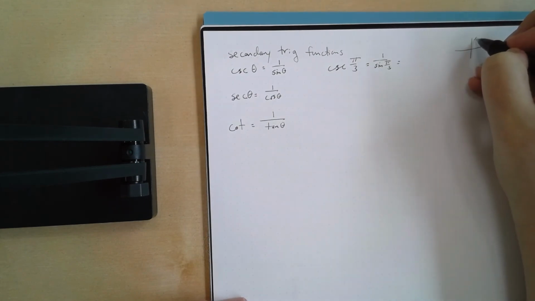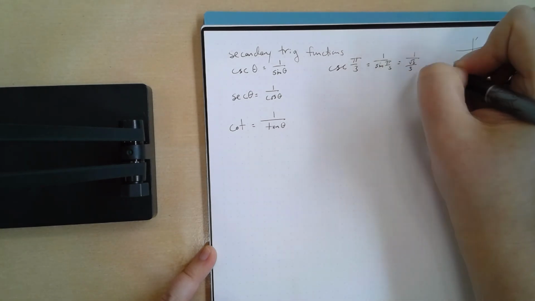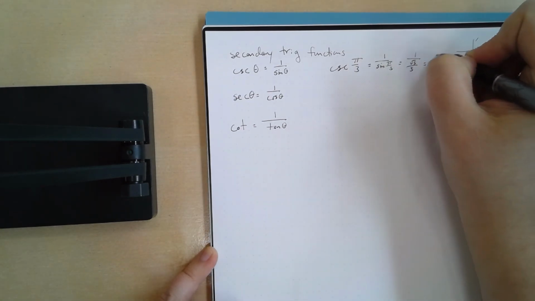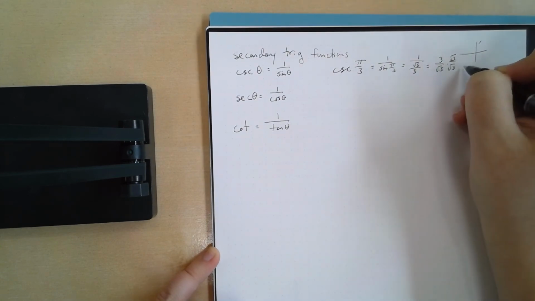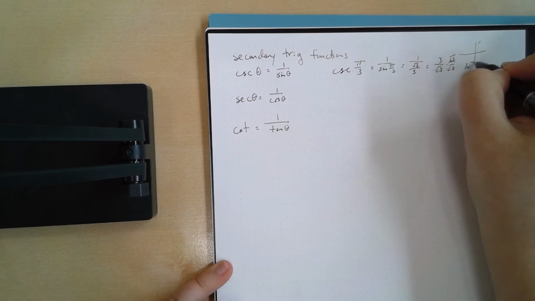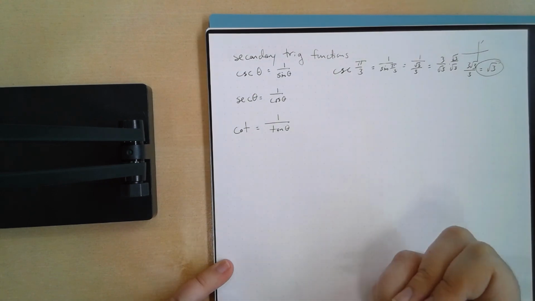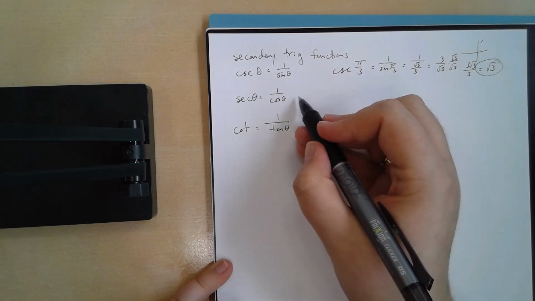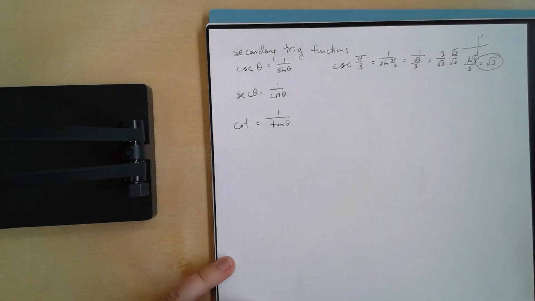Sine, that's our tall one, so we're going to have 1 over radical 3 over 3, which is equal to 3 over radical 3, multiply out, and we're going to get 3 radical 3 over 3, which is just equal to radical 3. We could do the exact same for secant and cotangent, but that's really all there is to it to simplifying and finding these values.